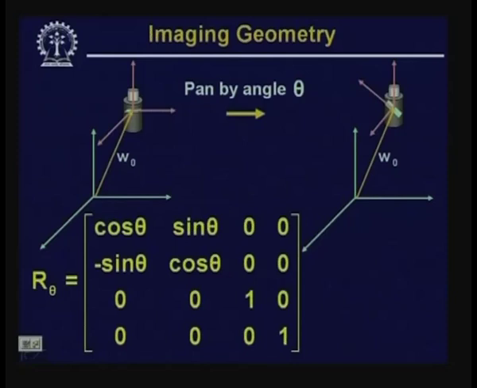So, when we rotate the camera by an angle theta, all the world coordinate points will be rotated by the same angle theta, but in the opposite direction, and the corresponding transformation matrix will be given by this matrix r theta. So, we have completed two steps, that is first displacement of the camera center with respect to origin of the world coordinate system, then panning the camera by angle theta.